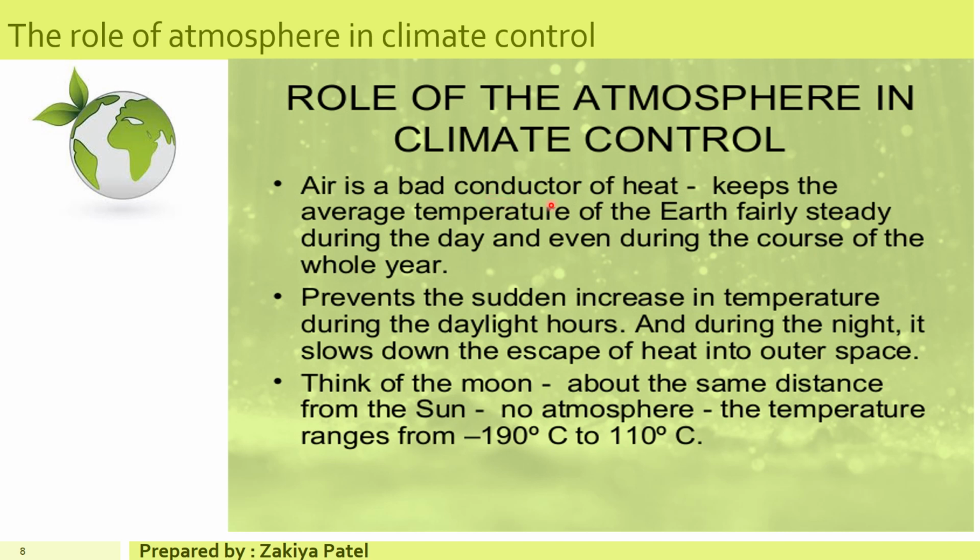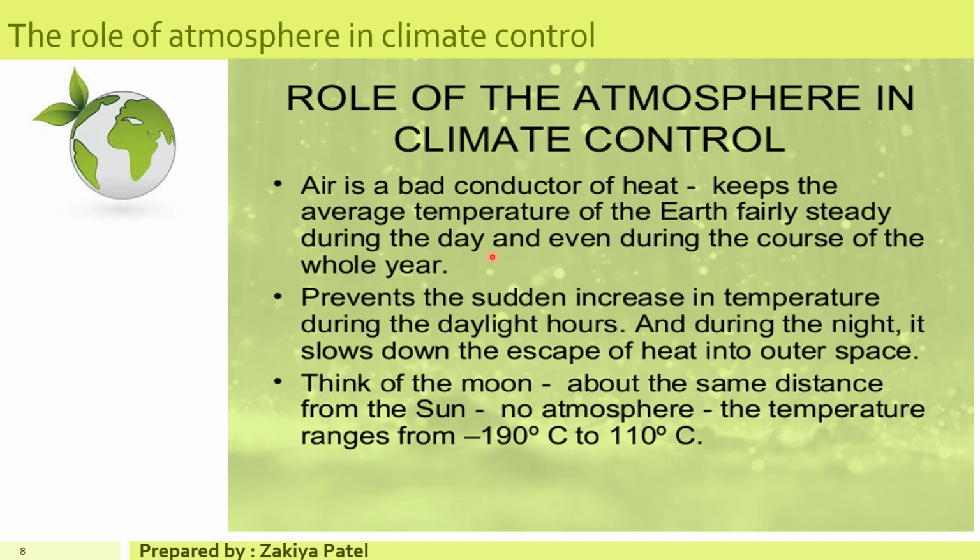Air is a bad conductor of heat, and it keeps the average temperature of the earth fairly steady during the day and even during the course of the whole year. Yes, dear students, there is no sudden change in temperature, like before 1 hour it is around 25 degrees Celsius and after 1 hour it is around 45 degrees Celsius.